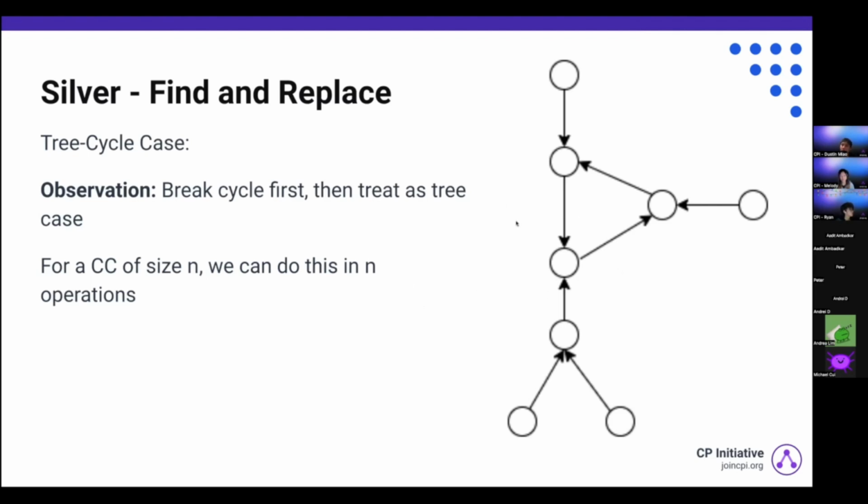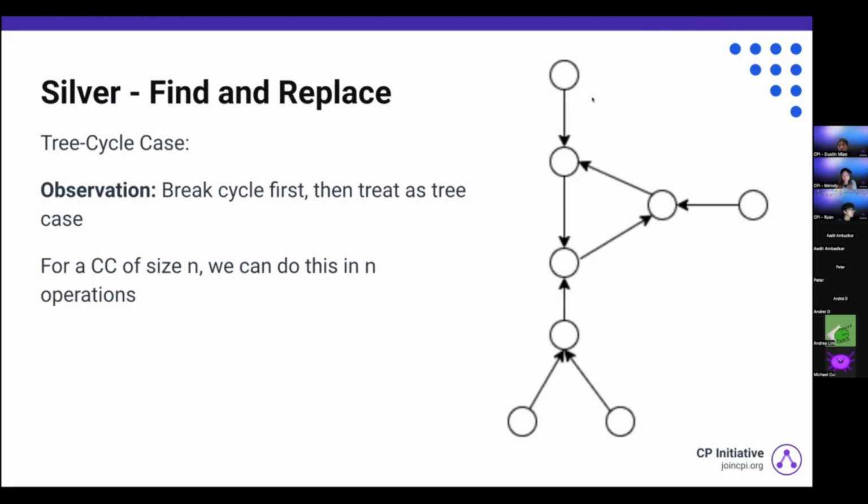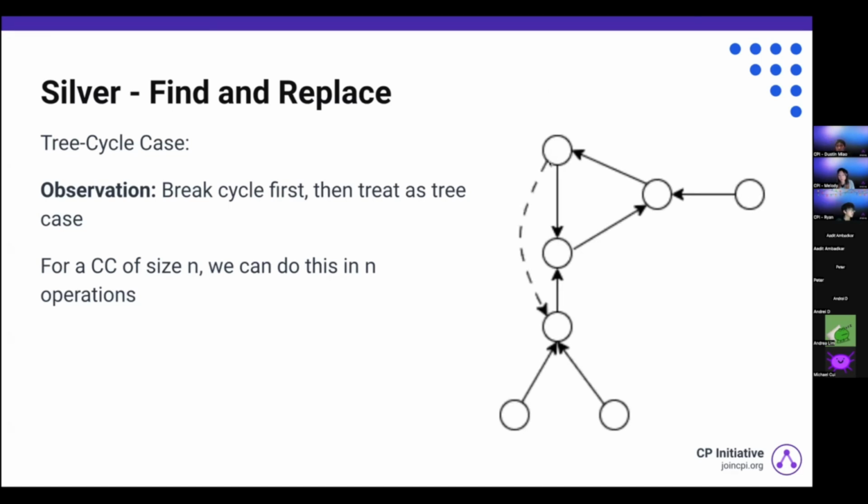As before, before we process a child, we need to process its parent. But since we have a cycle, it's not obvious where we should start. What we can do is first eliminate one of the nodes and then have this one matched to this one, because this node needs to go to this node in the future.